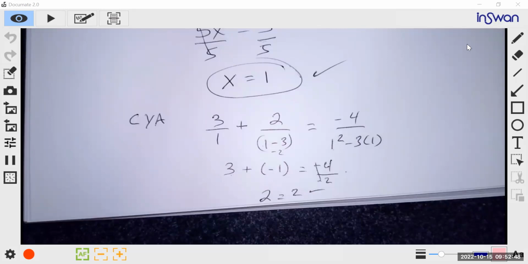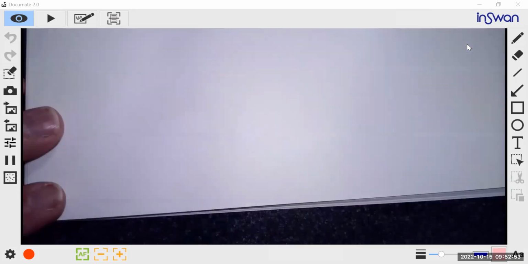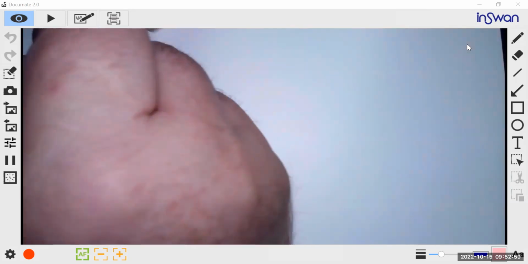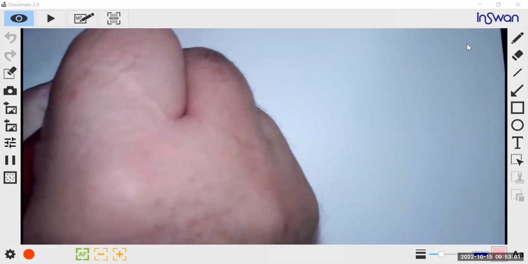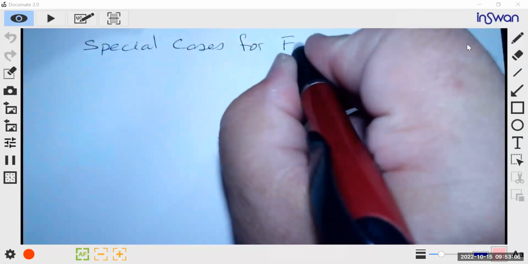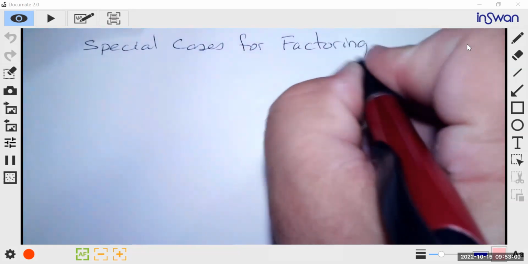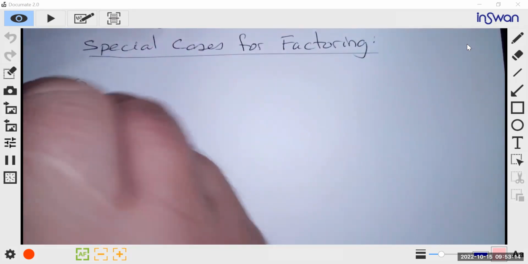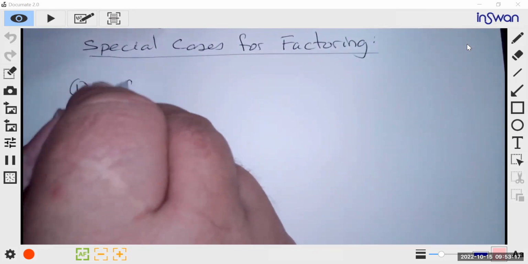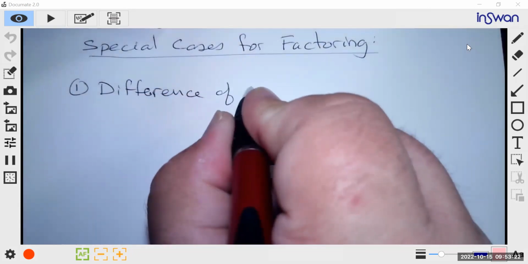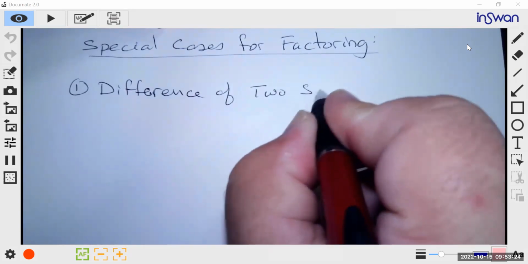There are 3 special cases I forgot to talk about when it comes to factoring. The first one, the difference of 2 squares.